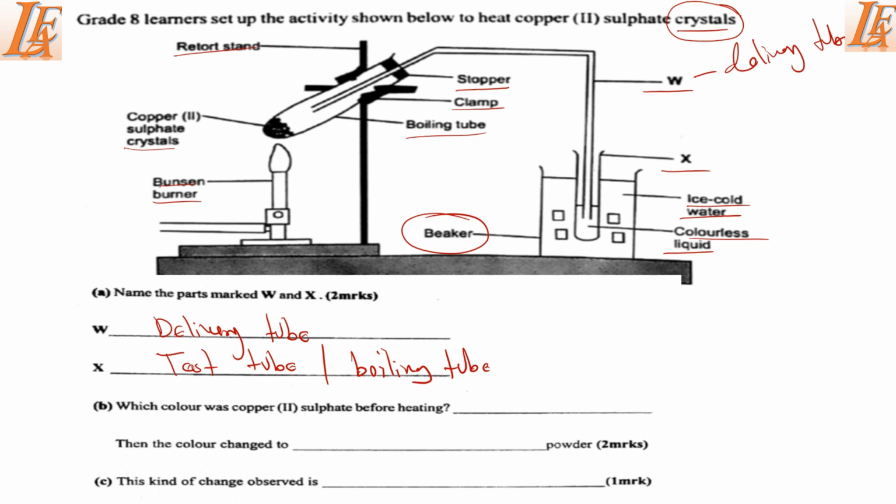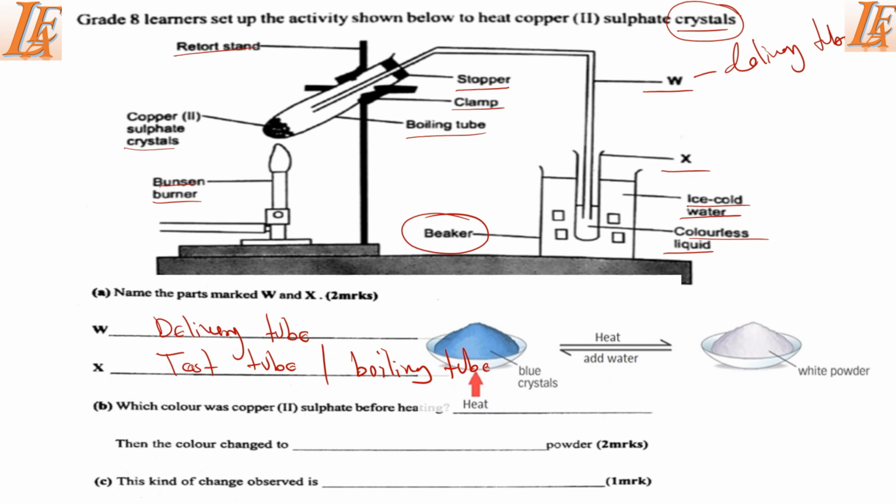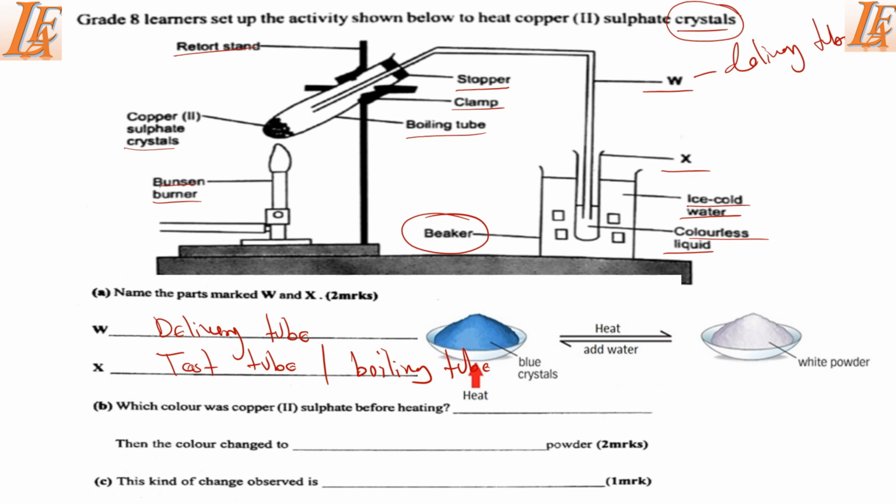Then question B, which color was copper(II) sulfate before heating? And what is the color change when it was heated? Before you heat copper(II) sulfate, it's blue in color, or in blue crystals. And when you heat, it changes to a white powder.